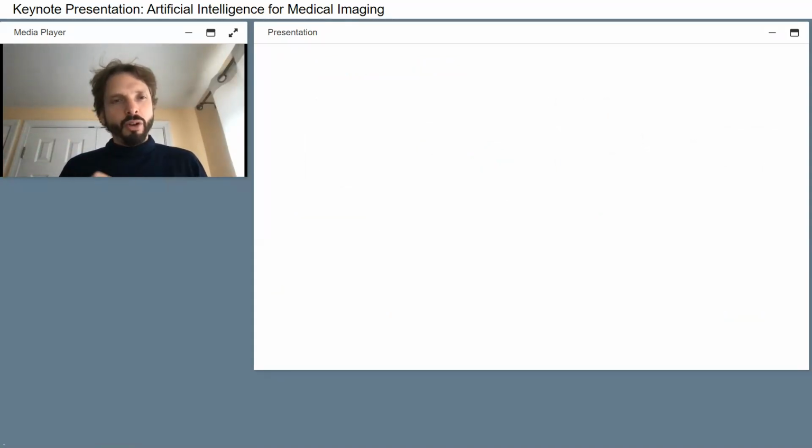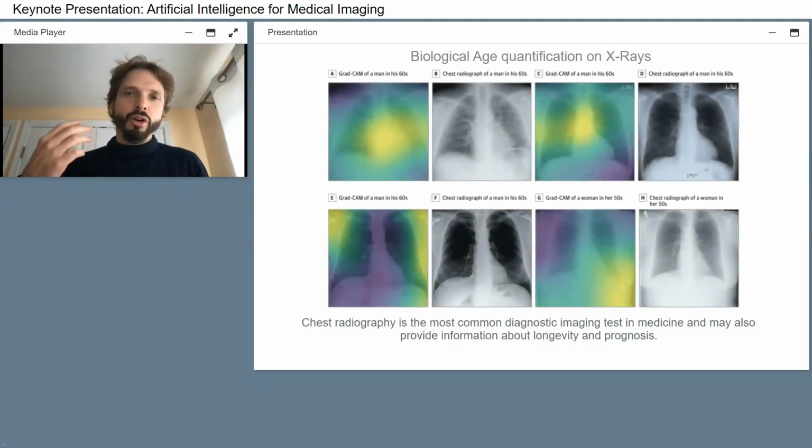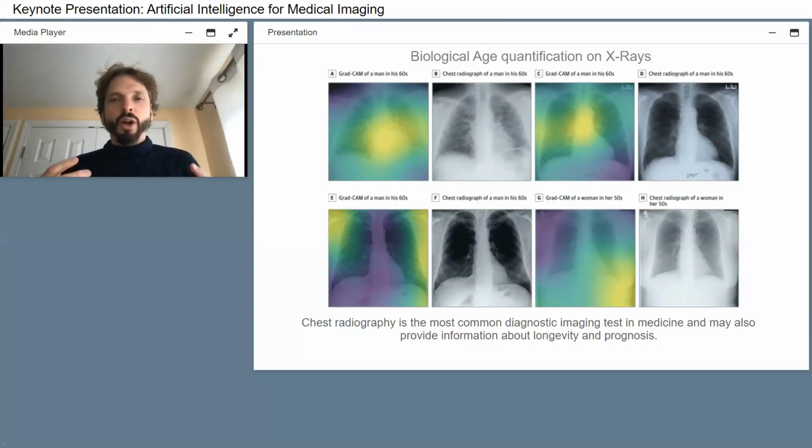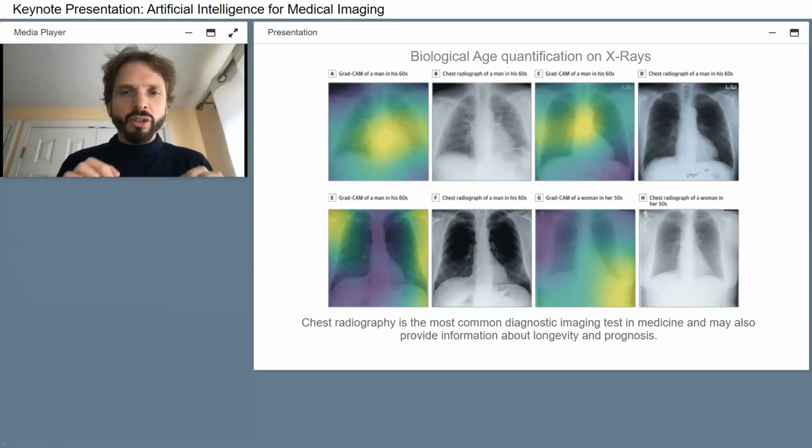We can also, of course, extend this concept to other data types. In X-ray, right, there's a lot of information that tells you about the biological age of an individual as well. So what we wanted to do, and maybe also as a background, the chest radiograph is the most commonly used imaging test in medicine, right? It's very, very frequent.